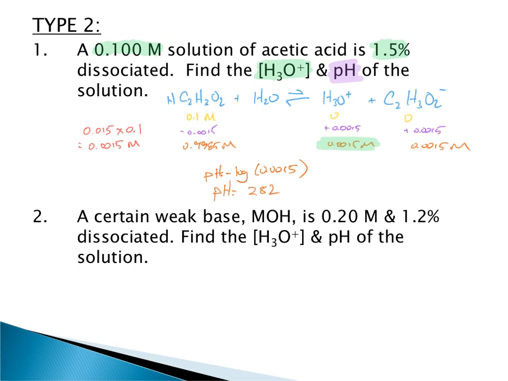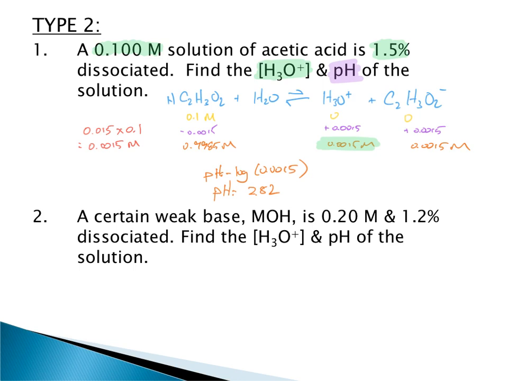So the pH of the solution is 2.82, and we use the hydronium ion concentration of 0.0015 in order to figure that out. And that's all there is to it. So this was a two-step question that asked us for the hydronium ion concentration and the pH, and now we have done both of those things. Okay. All right, and we have another question on this page.